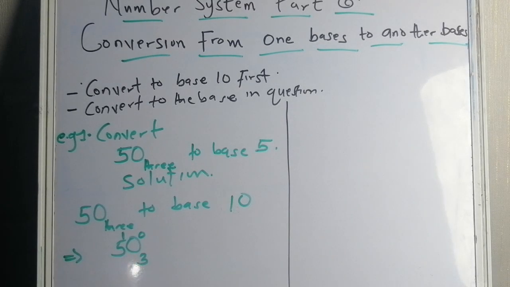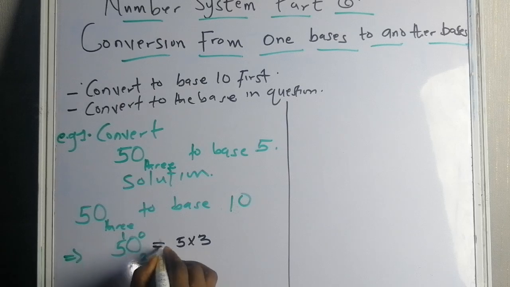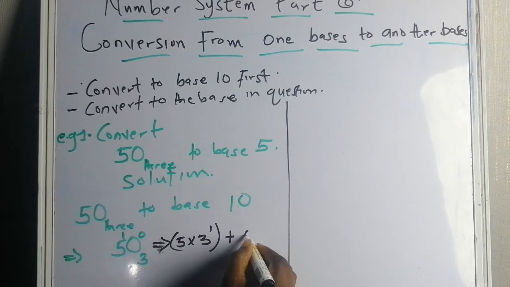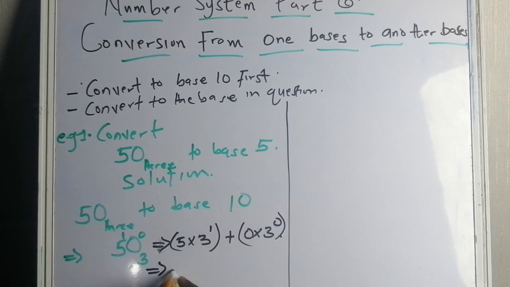So the highest place value will be 1, since it's only 2 figures. So this is the same thing as saying 5 times 3 raised to power 1 plus 0 times 3 raised to power 0. 0 times anything is 0, so that one is gone.